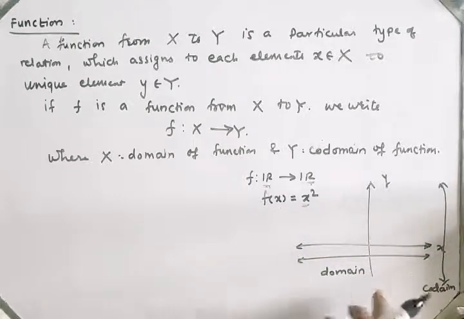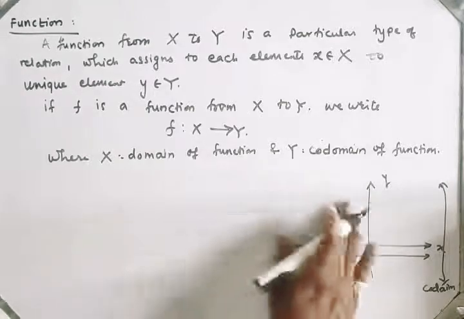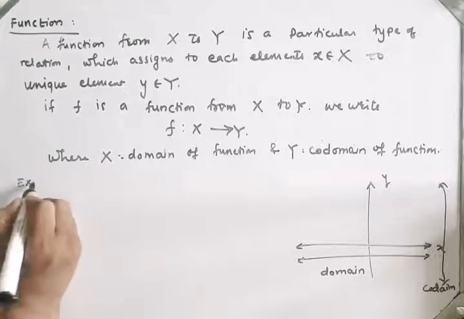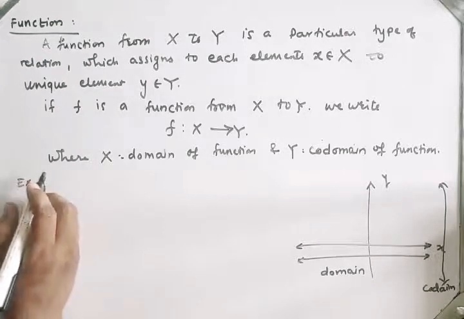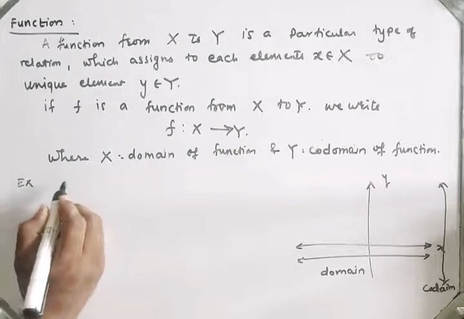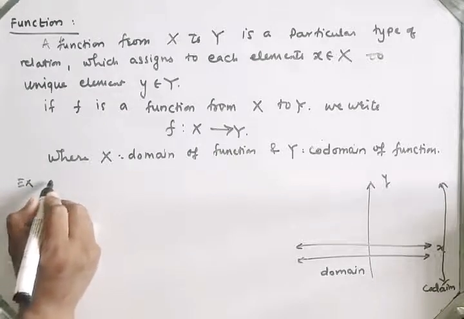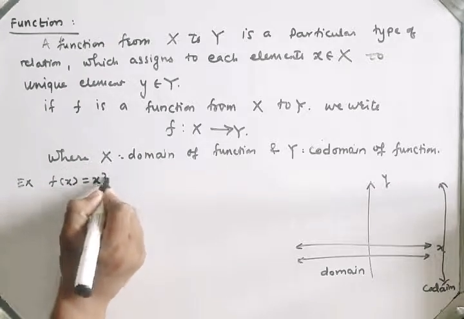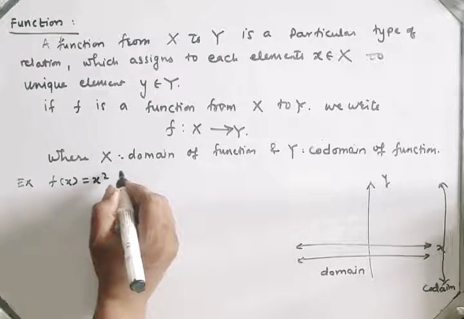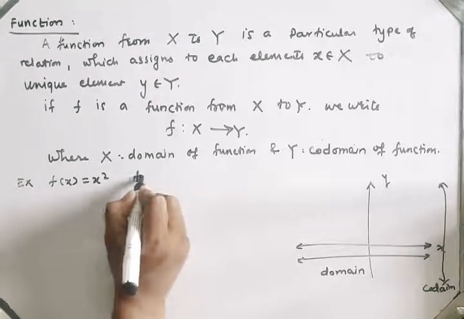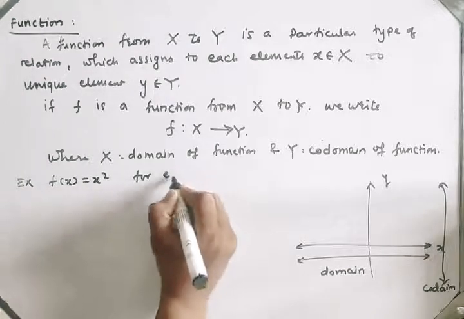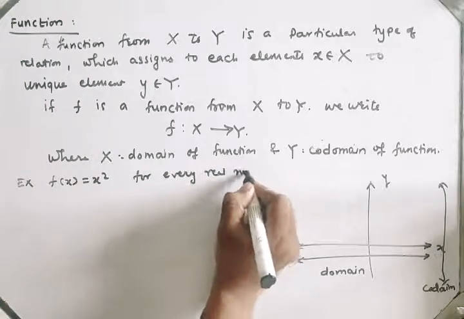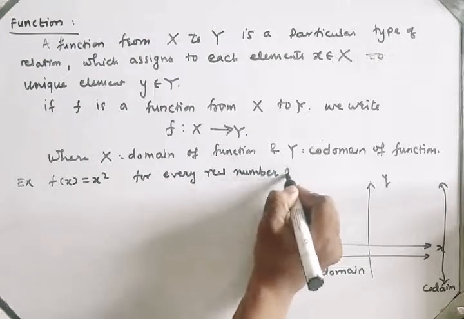Let's see an example. Let f assign to each real number x, f of x is equal to x square, for every real number x.